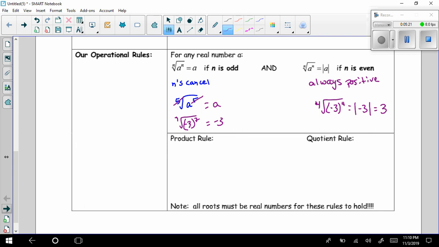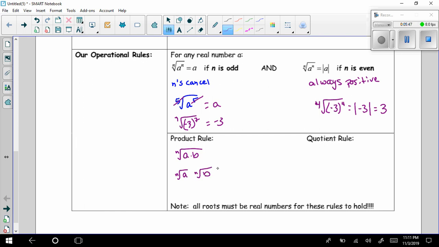All right, so again, using your exponent rules, we have our product rule and a quotient rule. Both of these essentially are just stating that you can pull something apart. So if you have the nth root of a times b, that is the same as the nth root of a times the nth root of b.